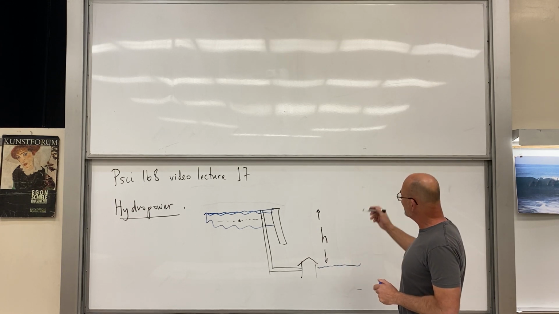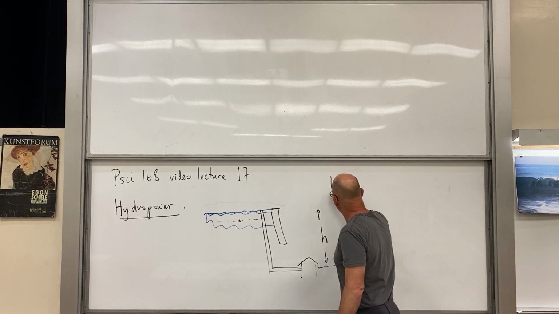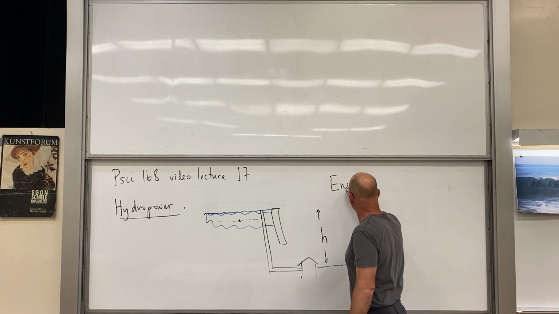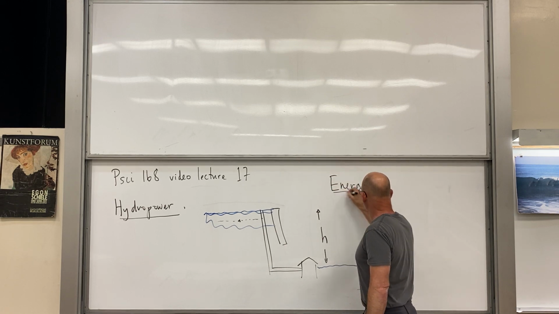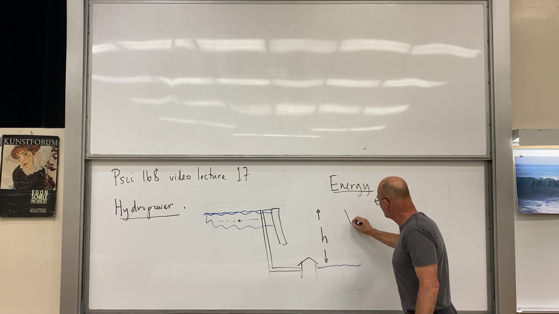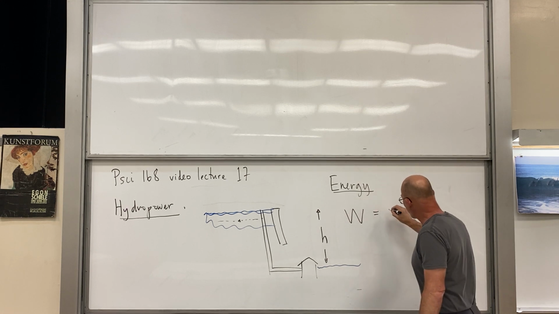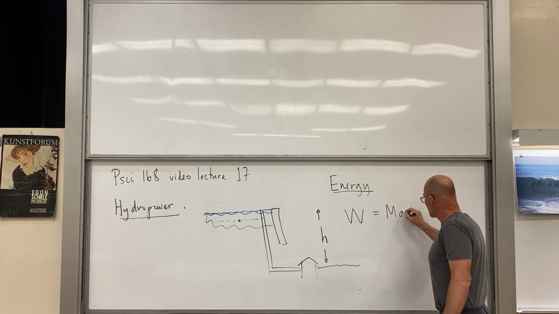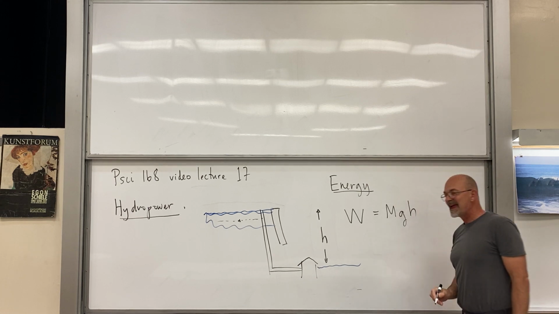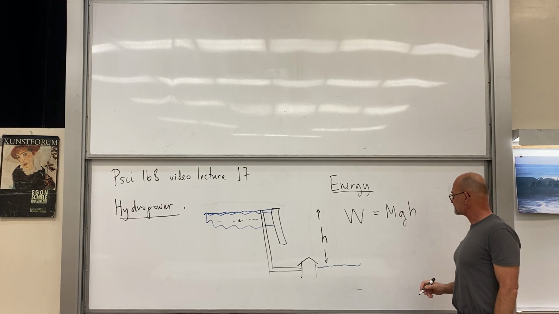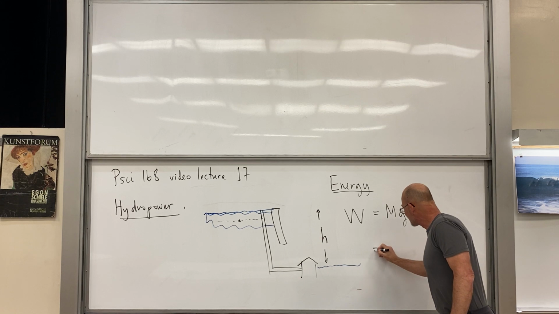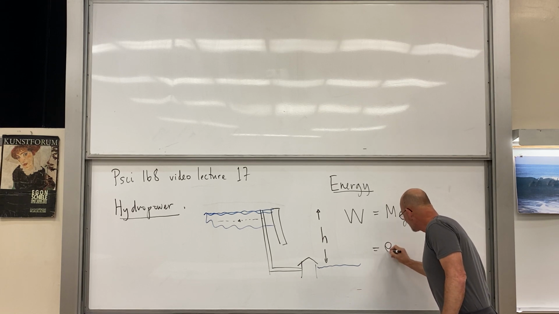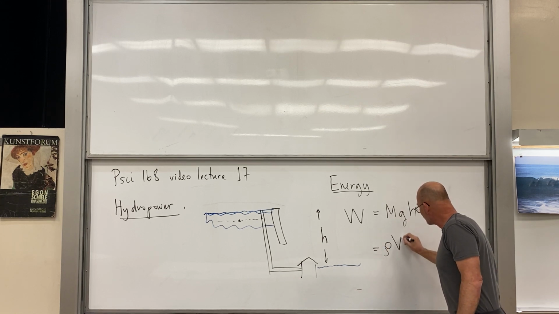Okay, so how much energy is there? Once again, we'll use the letter capital W. It's just the mass times g times h. And that mass can be written as the density of water times volume.